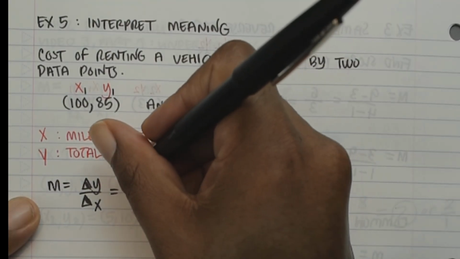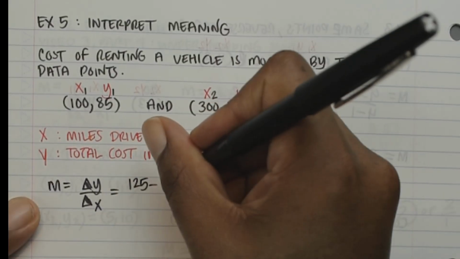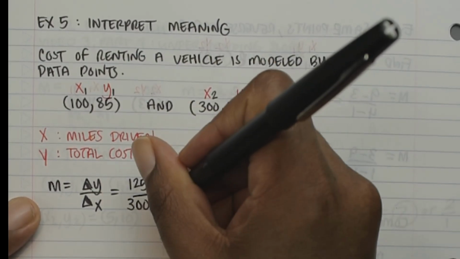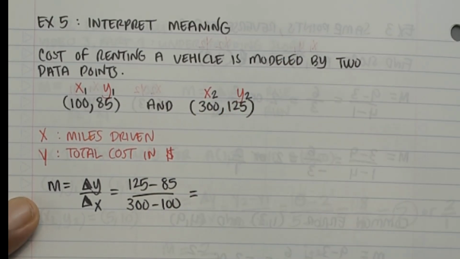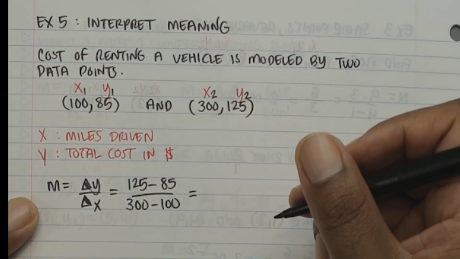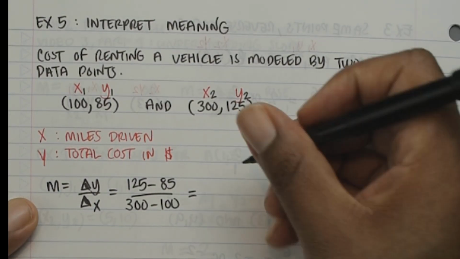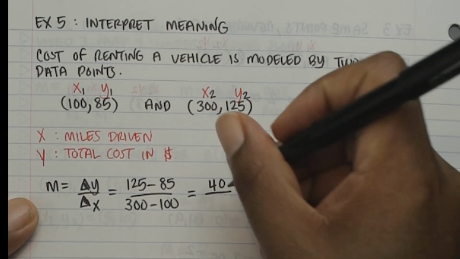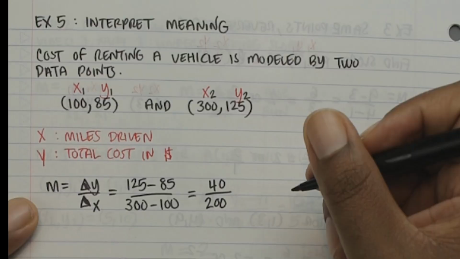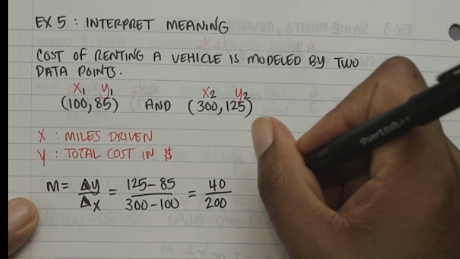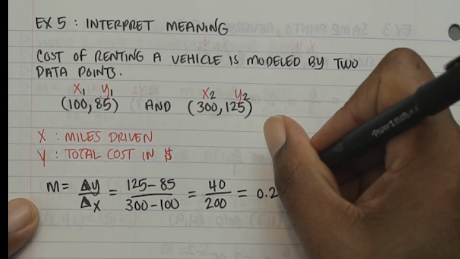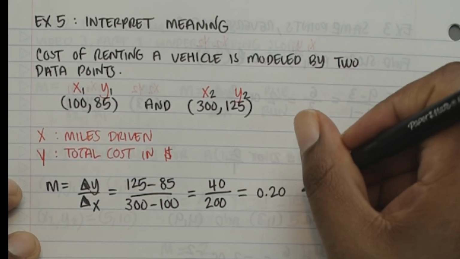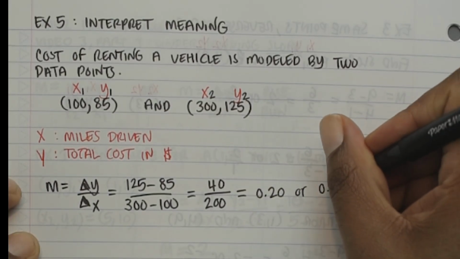So 125 minus 85 divided by 300 minus 100. 125 minus 85 is 40, and 300 minus 100 is 200. This simplifies to m equals 0.20. So the slope is 0.20. And again, you can also write this as 0.20 over 1.